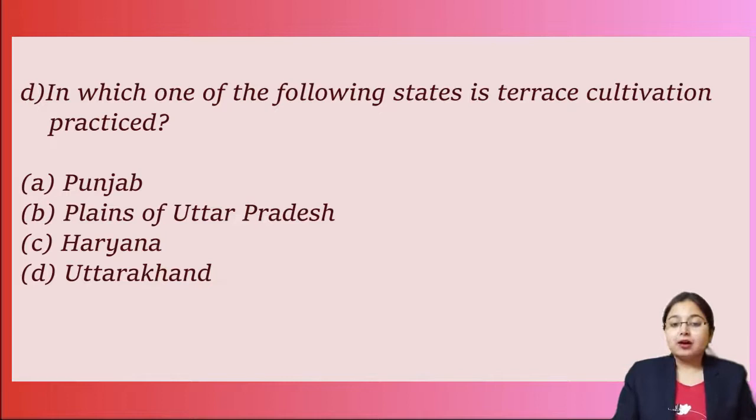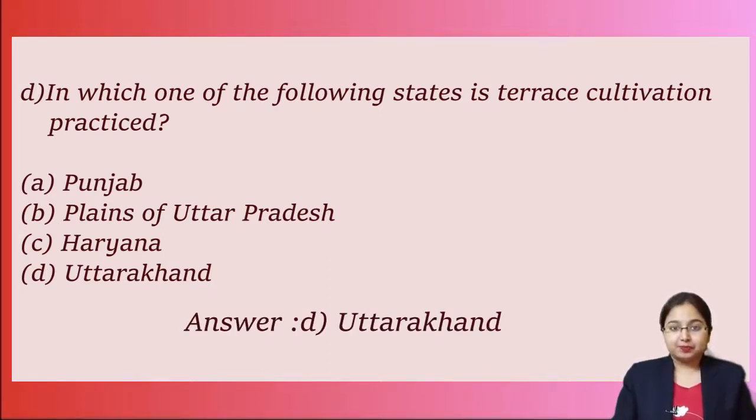So the options are A, Punjab, B, plains of UP, that means Uttar Pradesh, C, Haryana, and option D, Uttarakhand. So let me tell you that terrace farming is basically practiced in hilly areas. Hills are cut to form steps, to form terraces. In the given options, Uttarakhand is a hilly place. So terrace cultivation is done in Uttarakhand. So option D will be the correct option.